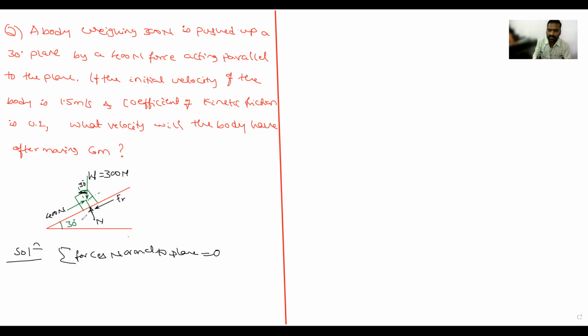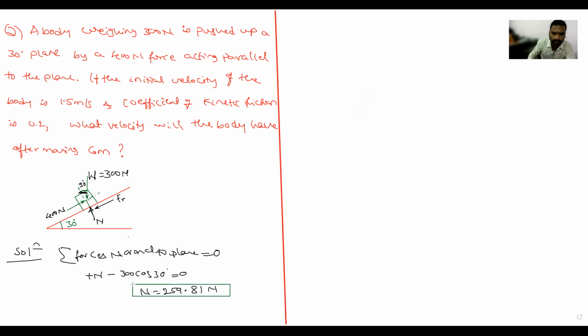N is acting in the upward direction, so plus N. Then weight acts downward, and with respect to the normal, W is 300 cos 30. So N minus 300 cos 30 is equal to 0. Calculate the value of N. It is 259.81. So this is the value of N.